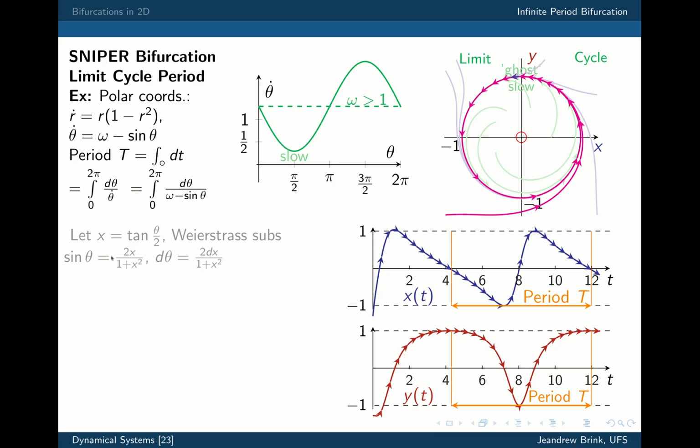You make the substitution. It looks complicated, but if you put it in, it simplifies greatly, and you're left with the period being equal to 2 times the integral from minus infinity to infinity of dx over omega times 1 plus x squared minus 2x.